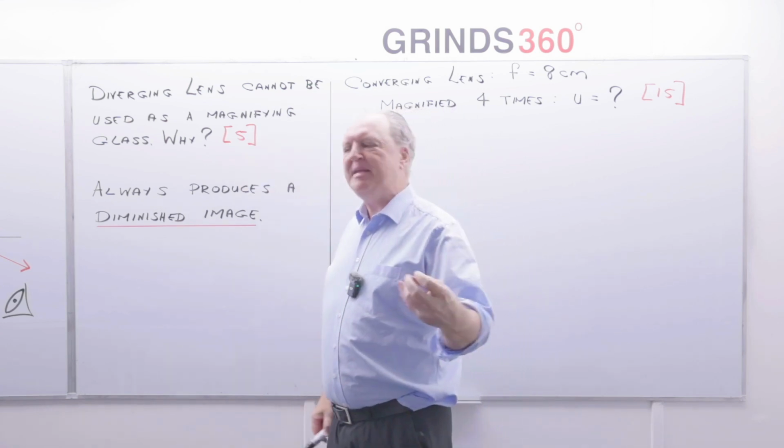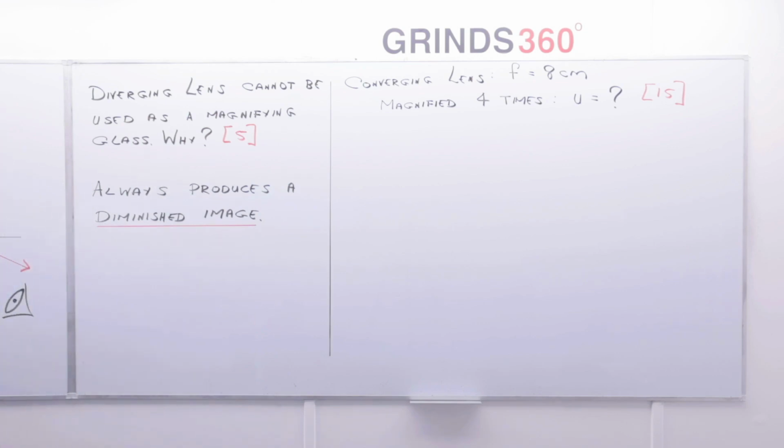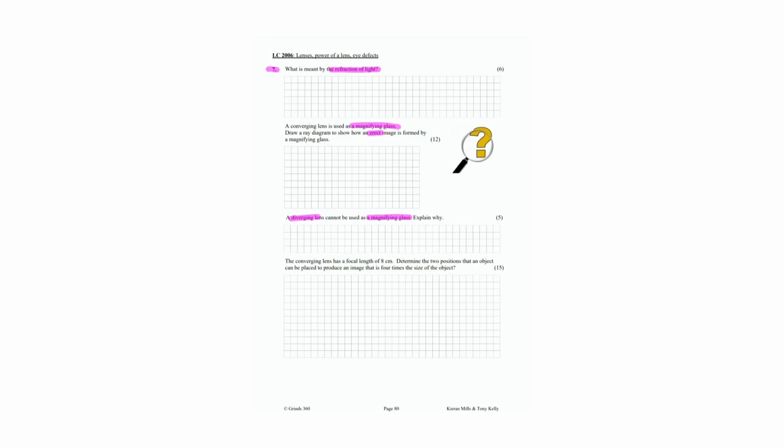Next, let's get on to the meat of the problem, the mathematical, the intelligent part of the question, the part that we're really interested in. So it tells me that the converging lens has a focal length of 8 centimeters. That's a real focus, so f will be +8.